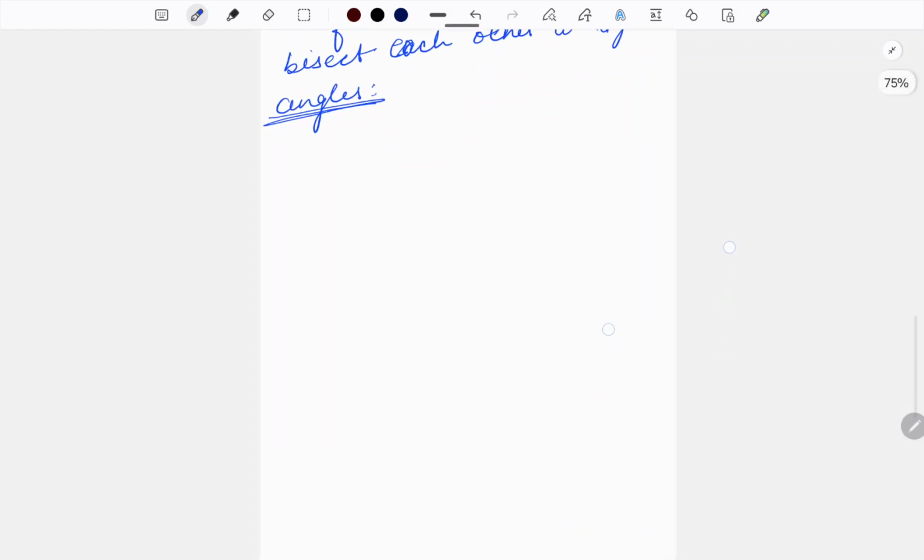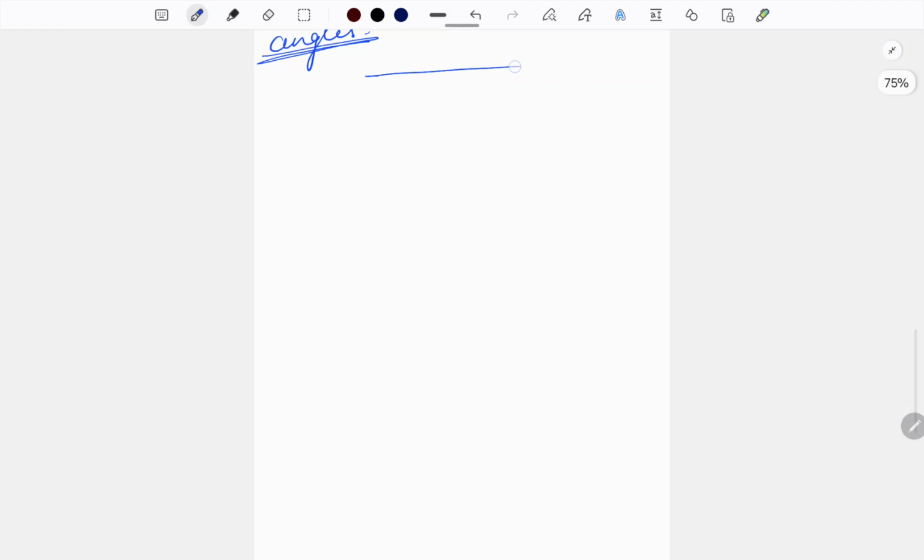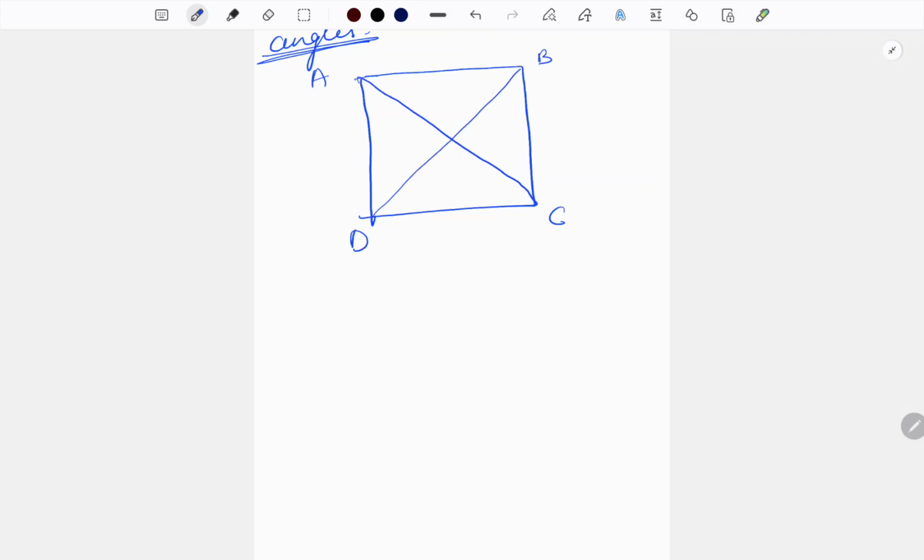Again, let us draw our square. This is a square ABCD with diagonals. Now ABCD is a square, and what is the property of a square? All sides are equal and angles are 90 degrees.